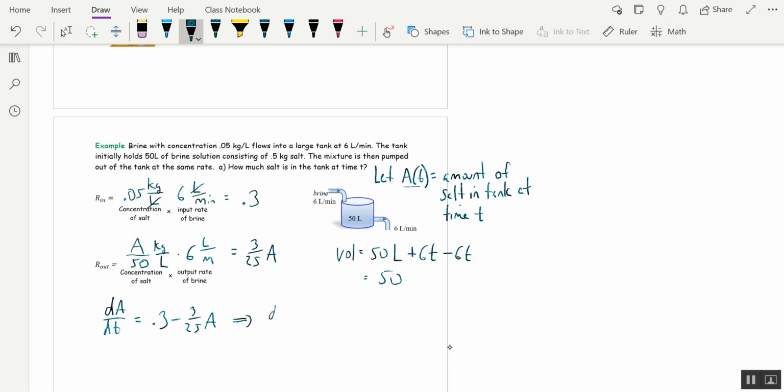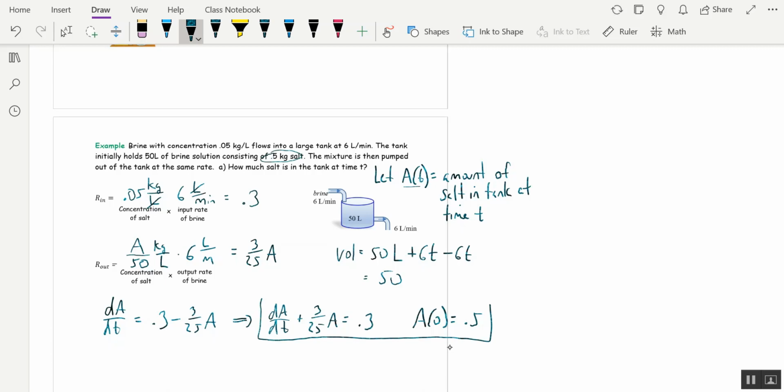This is dA/dt plus 3/25 A equals 0.3. And the initial condition is A of 0 equals, and then we have to go back and read the problem. The tank initially holds 0.5 kilograms of salt, so 0.5. So this is our setup.